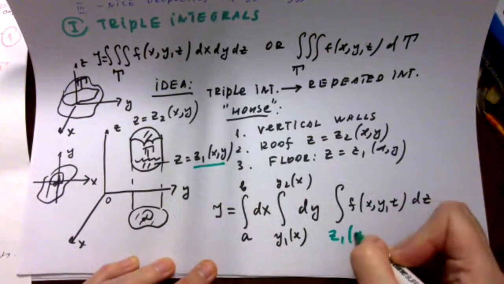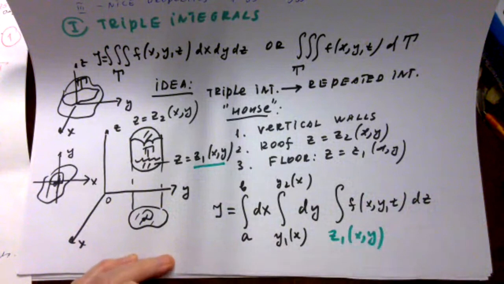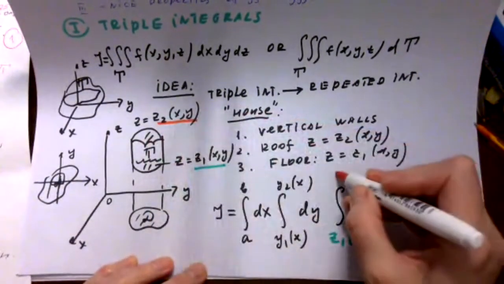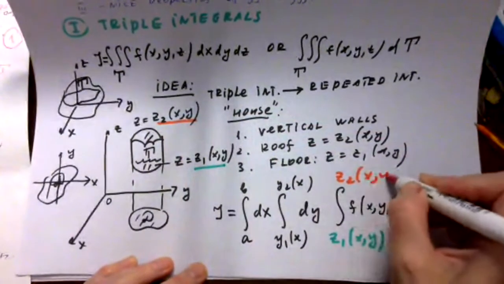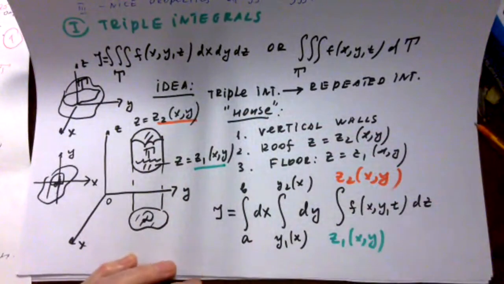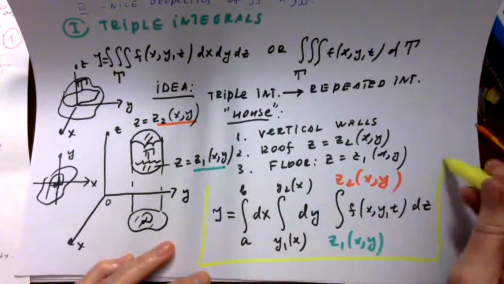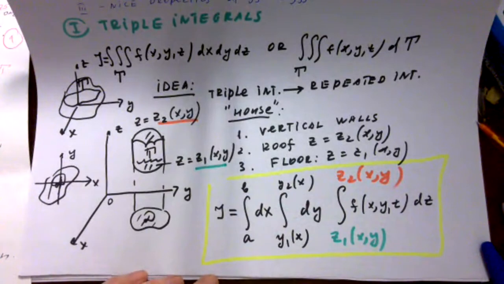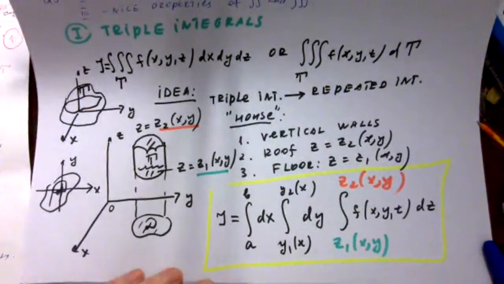So let's write floor here in green. And the upper limit of integration of dz should be your roof. So roof is z2 of x, y. And that's it. That's how this rule of transforming your triple integral into a repeated integral looks. So we can put a frame around it. And now we can do some exercises. But you know what?